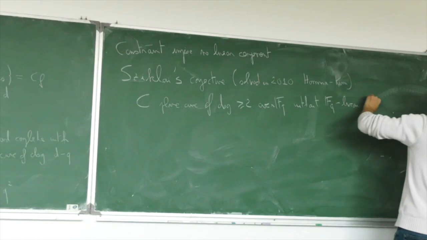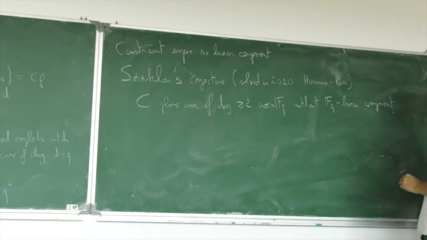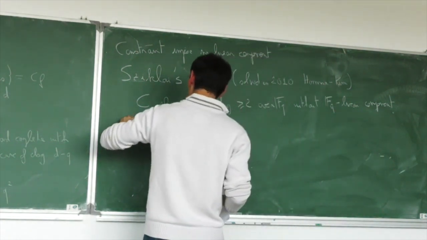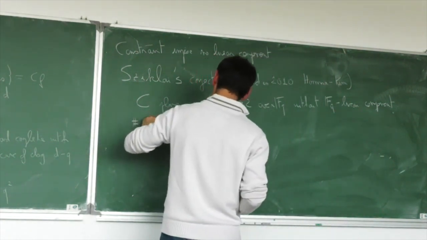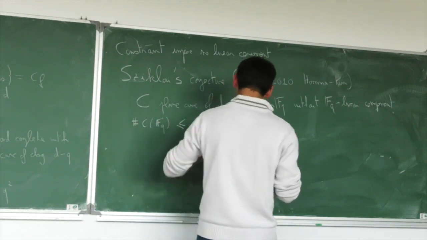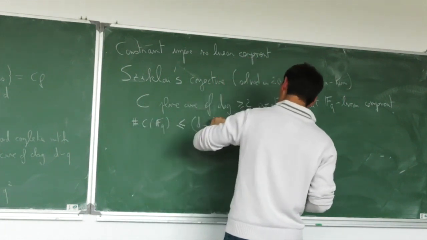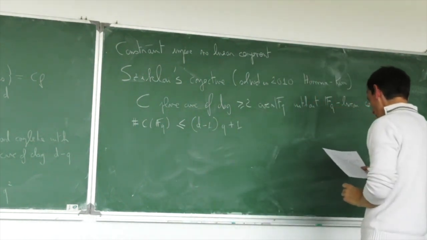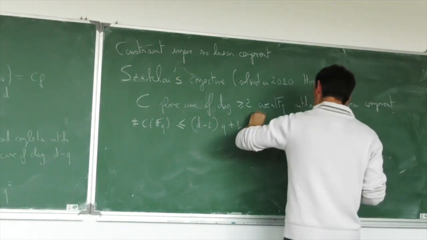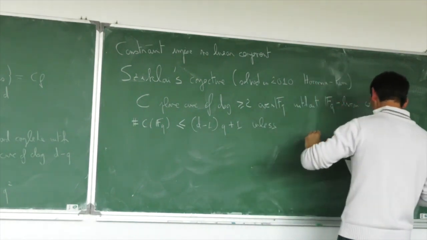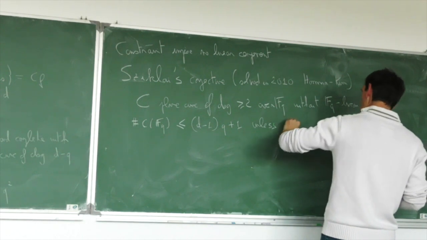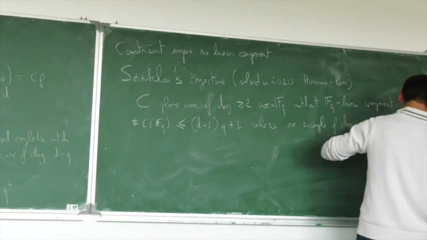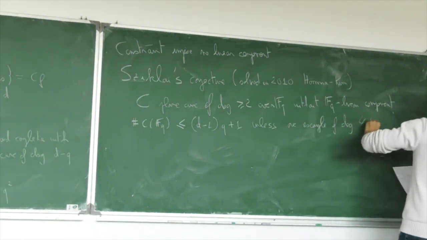Right? This is now our assumption. Then the number of points of C over FQ is smaller or equal to D minus 1 times Q plus 1, unless one example of degree 4 over F4.